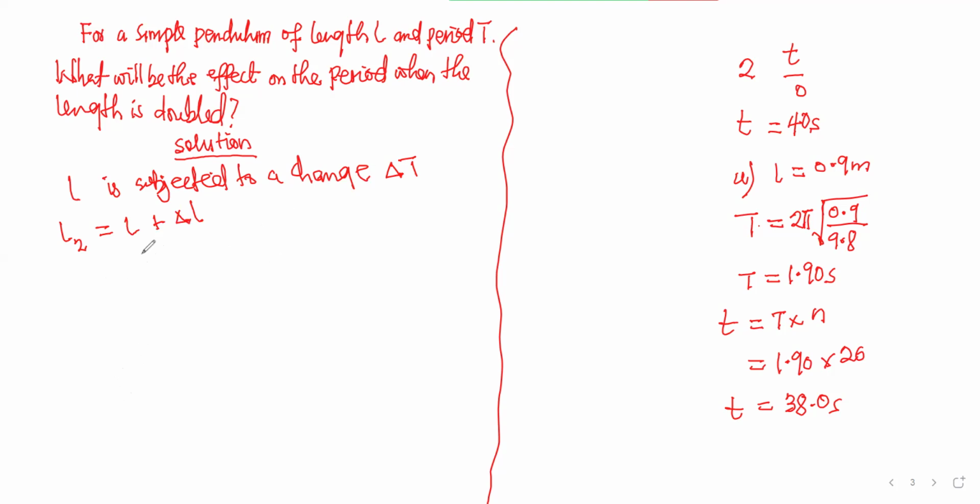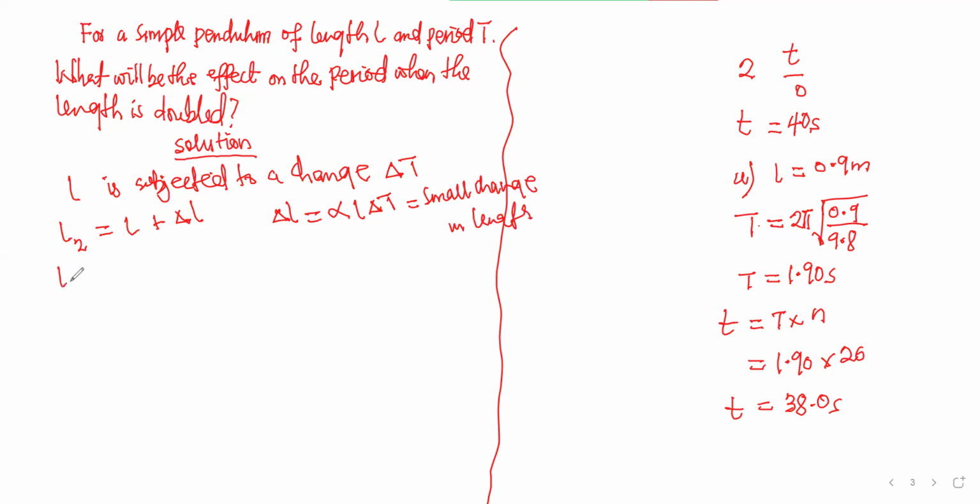Linear expansivity of metal. So that small change in the length is also a product of the coefficient of linear expansivity, then the original length, and the change in temperature. So that small change is the small change in length as a result of the temperature.